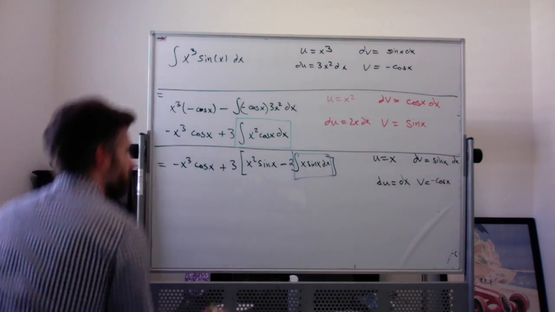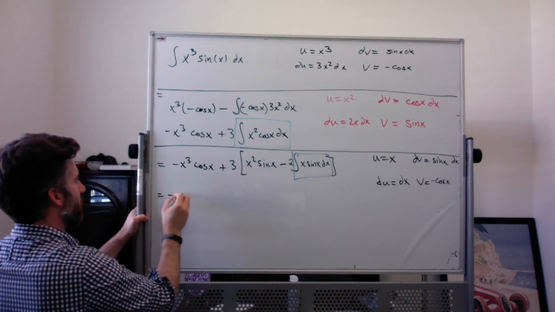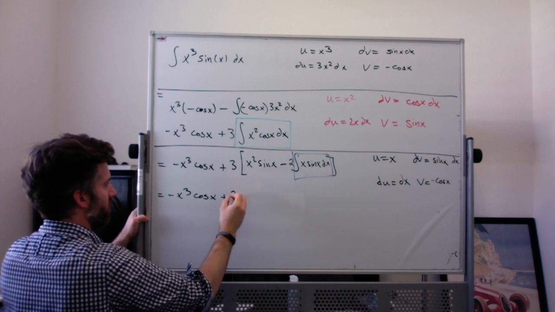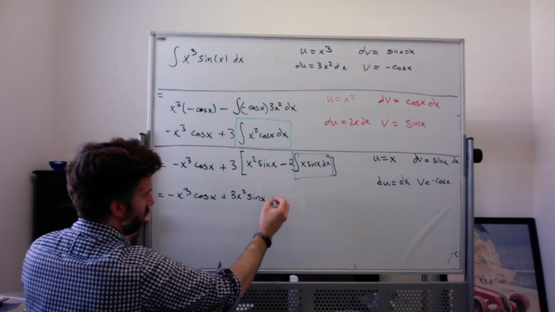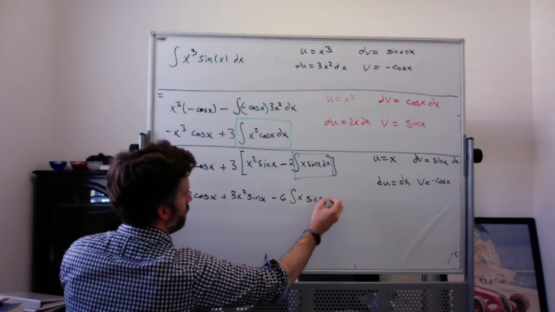I might actually distribute this 3 before I do this part here. So I've got negative x cubed cosine of x plus 3 times x squared times sine of x plus 3 times negative 2 times the integral of x sine of x.